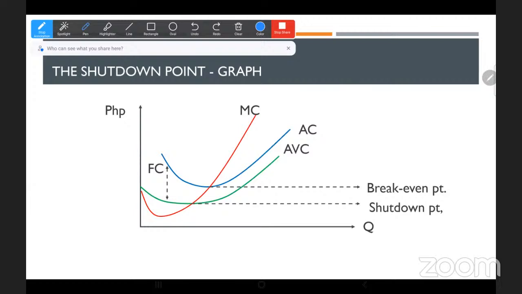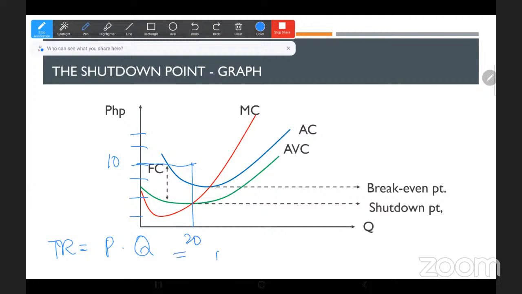Okay? All right. So, now, dito sa graph, anong mapapansin nyo? The shutdown point is where the price, kasi every point here is a price, di ba? Every point on this vertical line is a price. The price represents yung different revenues that can be generated for every level of production. Kasi your total revenue is equal to price times quantity. So if this is the price, and what is the total revenue at, let's say, 20?